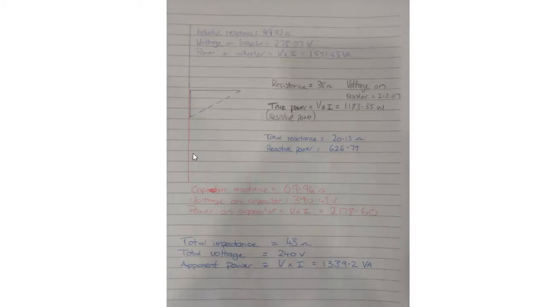Down here is my capacitive reactance, and here, horizontal, is my resistance. You can see that if I subtract these two, the inductive reactance and the capacitive reactance, I'm left with this component here. That's the sum of my two reactances, and then this line here that joins the resistance and the total reactance, that's my hypotenuse, that's going to be my impedance.